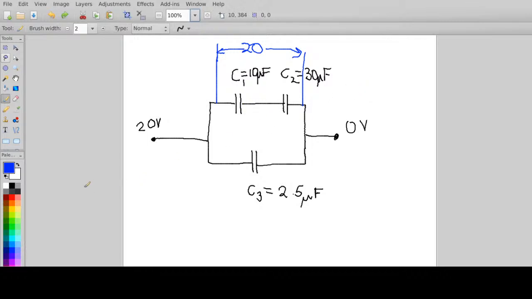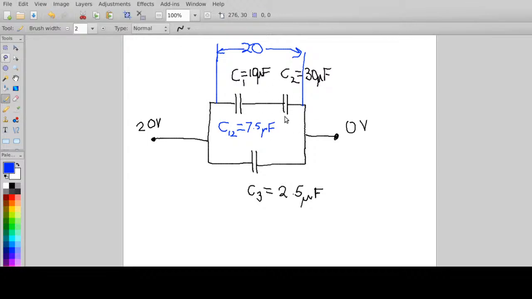We know that the effective capacitance of both of them, C12, is 7.5 microfarads. And so we can find the charge accumulated on C12. What does that mean, charge accumulated on C12? It's the charge accumulated on C1 and C2 combined together.